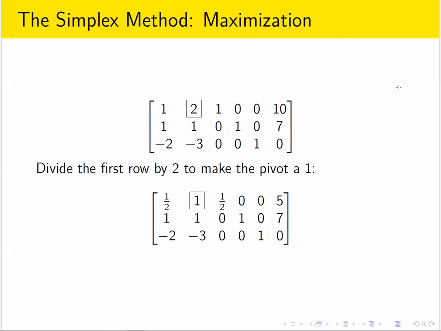Our first step with that pivot in this problem will be to make it into a 1. So we do that if we divide the entire first row by 2. That will change the 2 into a 1. And you can see that these other entries are exactly what we get, dividing 1 by 2, dividing 1 by 2, dividing 0 by 2, dividing 10 by 2, and so on.